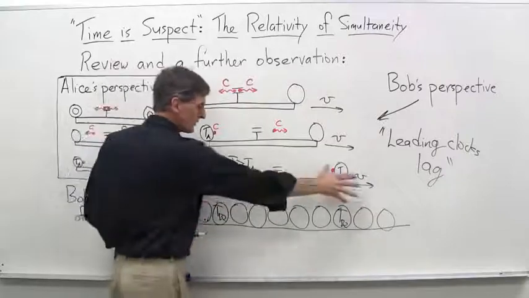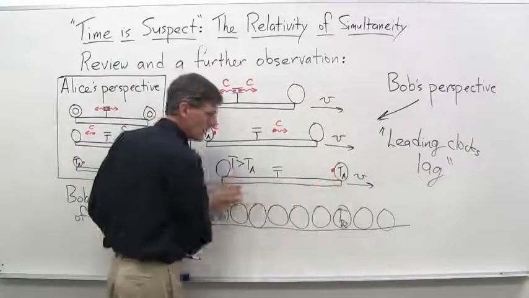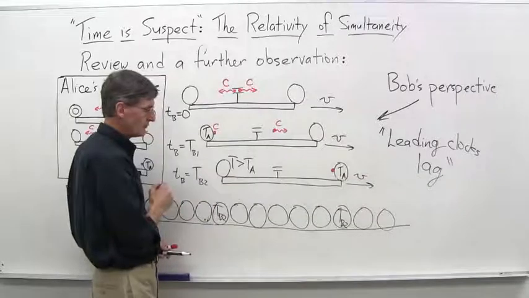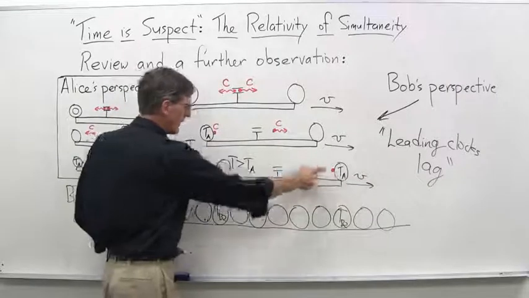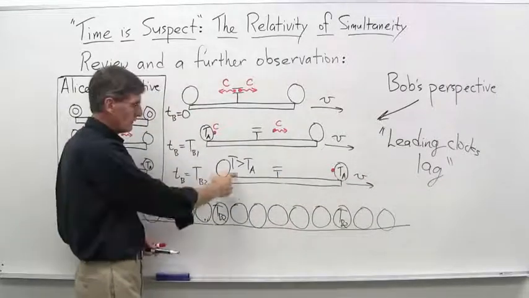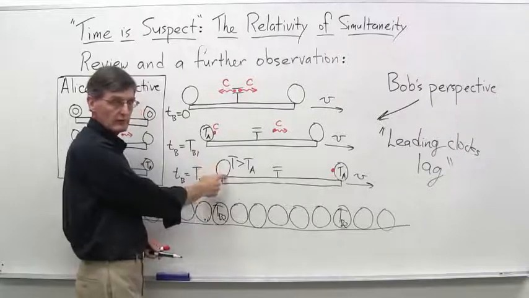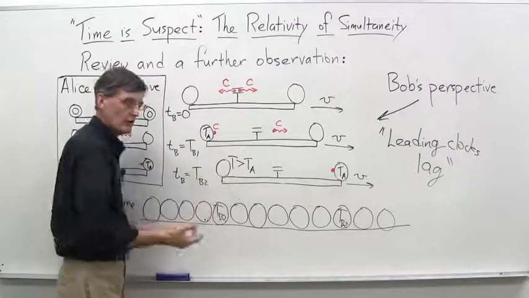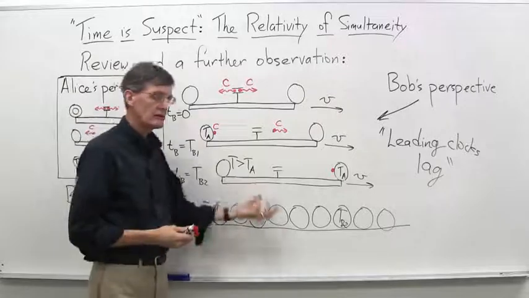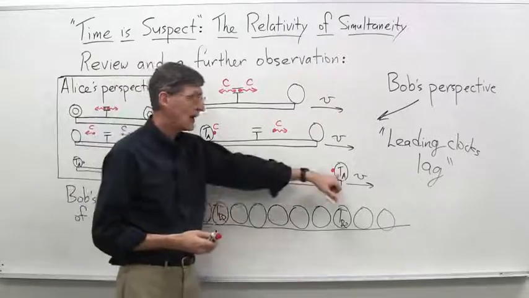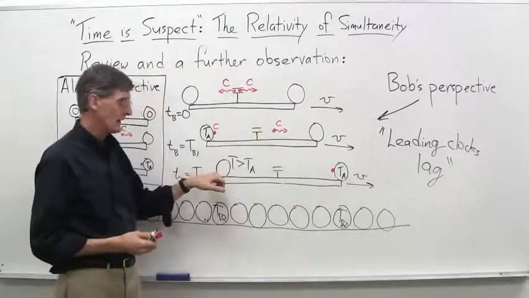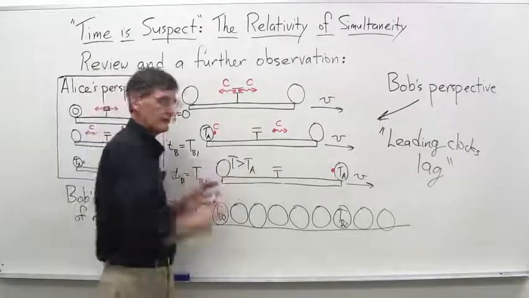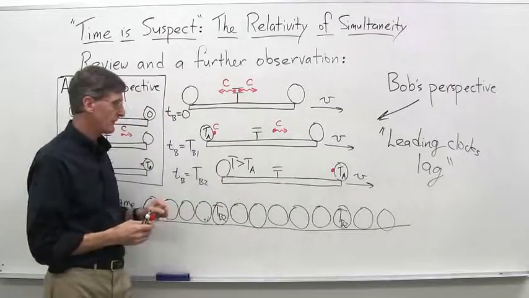Alice's clocks here, as far as Bob is concerned, the leading clock on the leading edge as she's moving in that direction is going to be behind a trailing clock, wherever it might be. And later on in the course, we're going to do a calculation so we can figure out exactly how much this clock lags this clock. And it's going to depend on the distance between them.